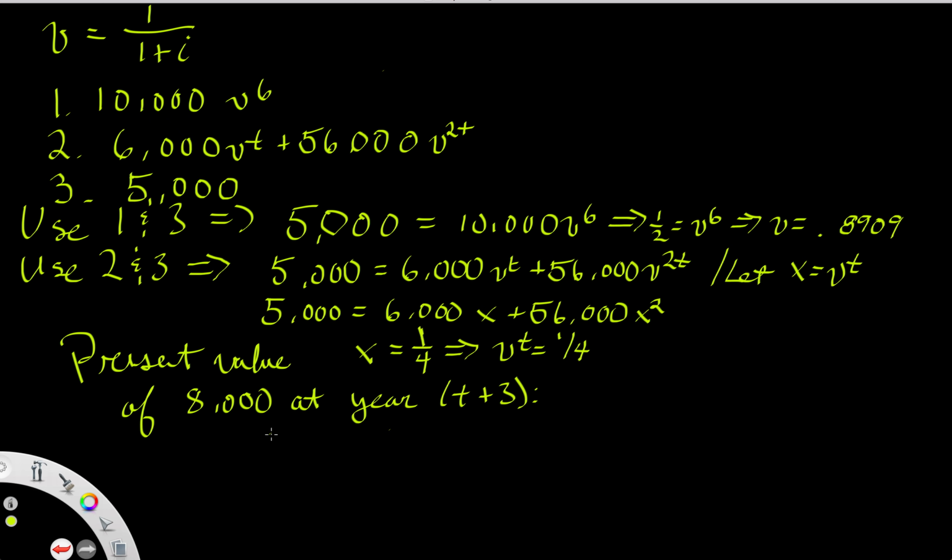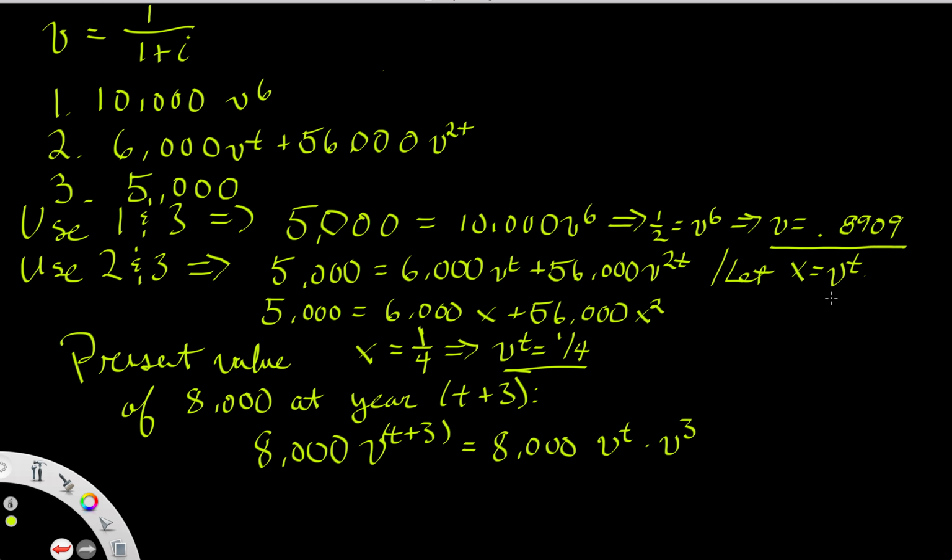The present value of 8,000 chicken fingers at year t plus 3 is 8,000 times nu to the (t plus 3). Put that in parentheses just to be certain here. Now, we use the law of exponents to change this into 8,000 nu to the t times nu cubed. We know nu to the t, it's 1/4, and we know nu, it's 0.8909, so we can simply cube that nu, substitute the 1/4 in, and we have what we need.